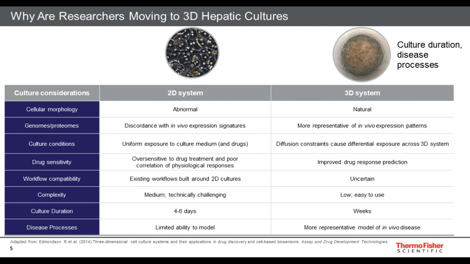So non-proliferative for the primary heps, but once they form these spheroids, they maintain viability and functionality for weeks. And on a per cell basis are much more active. So you get much longer term cultures and much higher activity.